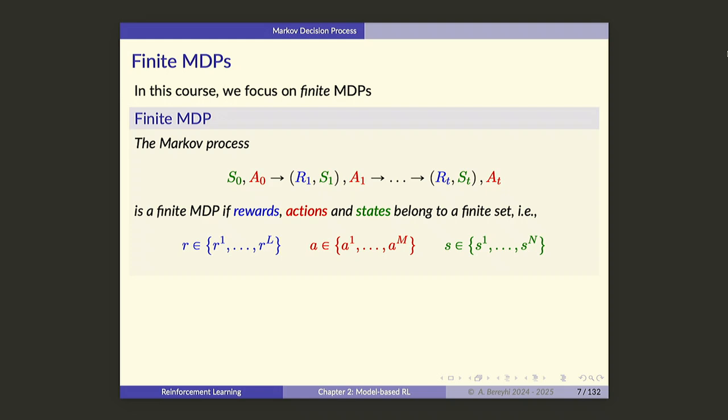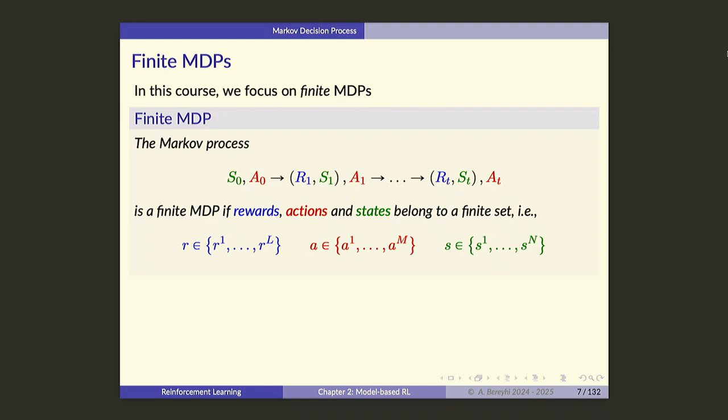By finite MDP, I simply mean the assumption that we started with: the rewards are coming from a set of few options, right? If you have a continuous state, one way to do it is to approximate it by quantizing it, right? But those have their own framework as well, which we're not going to waste time on.